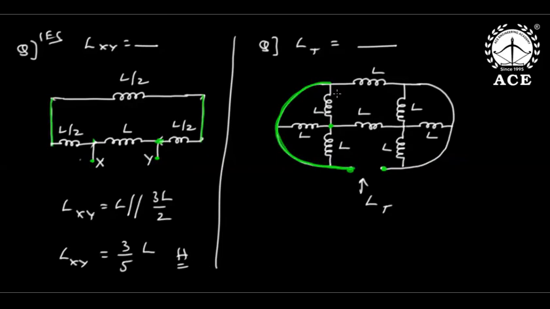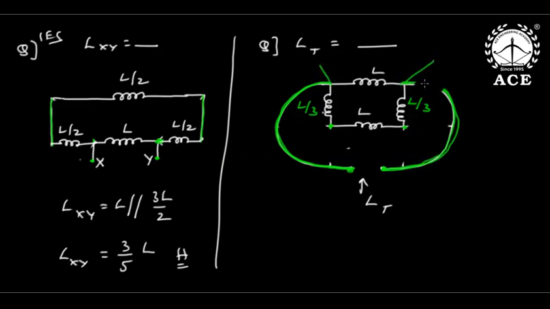L parallel becomes L by 3. Again, between this node and this single node, L parallel becomes again L by 3. This L parallel also becomes L by 3.